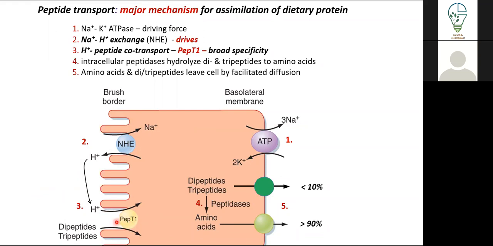When hydrogen enters, di- and tripeptides will enter as well. Then the di- and tripeptides will be broken down into amino acids via cytoplasmic peptidases, and they will exit into the bloodstream via different transporters. Okay, I think this is not very difficult to understand.